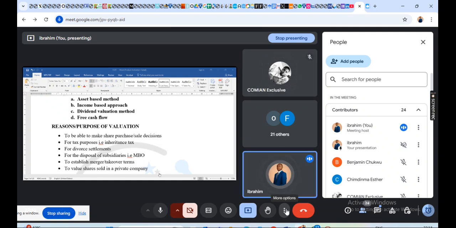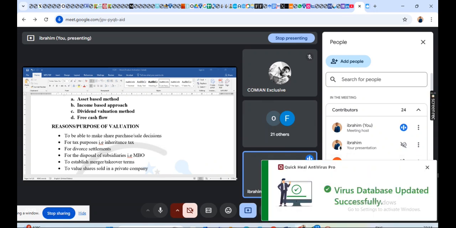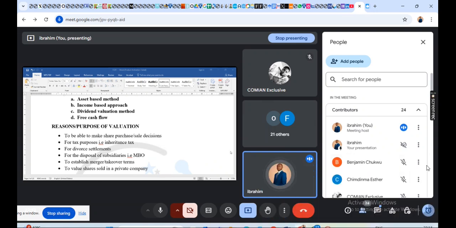For the disposal of a subsidiary, maybe the subsidiary is not performing well, right? You can decide to dispose of it, and that is what we call management buyout. There is management buy-in, there is management buyout.